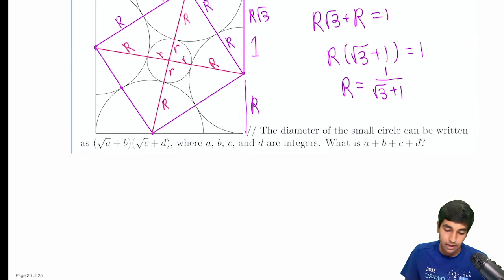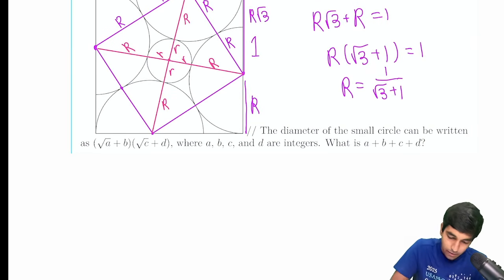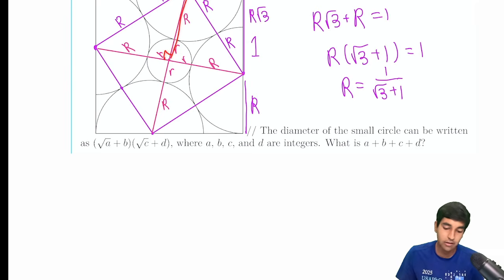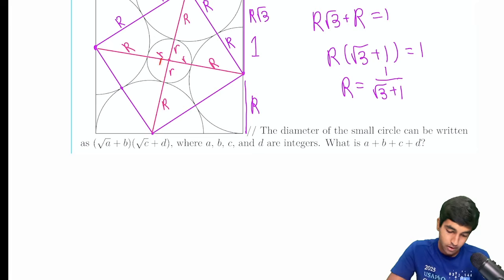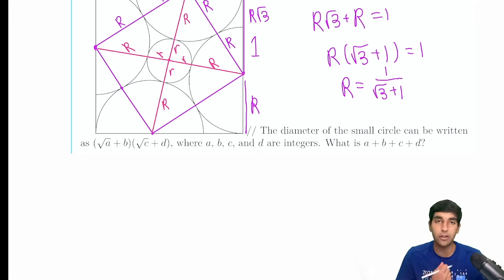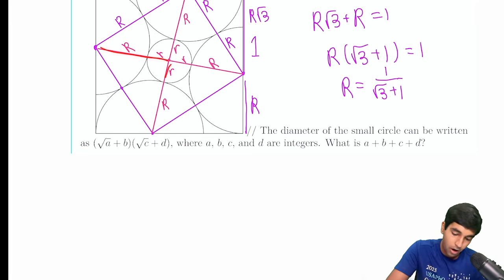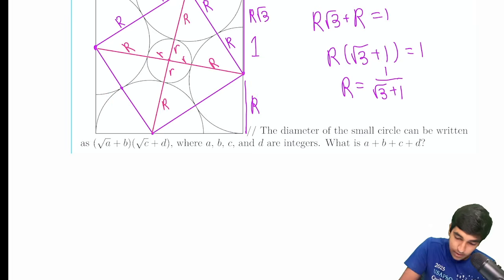Let's now see how we can solve for little r. Look here, this is a square. We know this is symmetric, so that's 90 degrees. These triangles are all symmetric, like 4-fold rotational symmetry. So R plus R, this is 90, and this is 2R, so that's a 45, 45, 90 triangle.